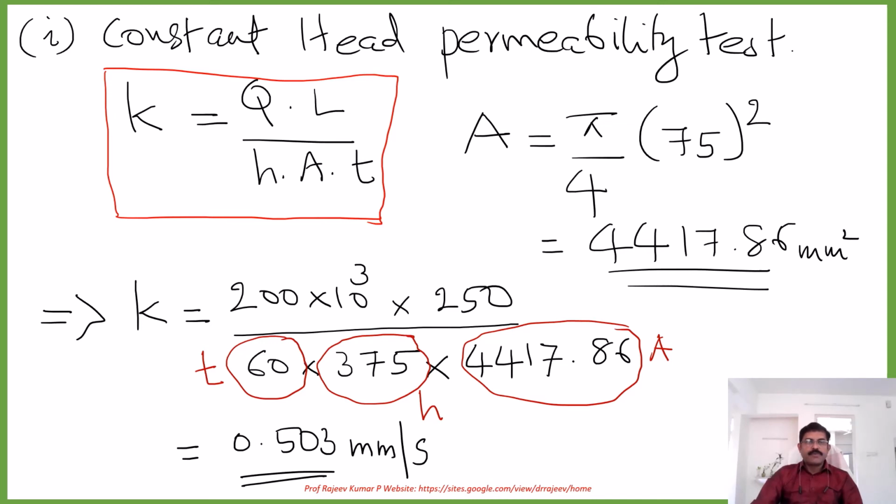So now we will move to the second set of the question. Here the second part of the question is to find out the time required for fall of head from 1600 to 1560 mm.